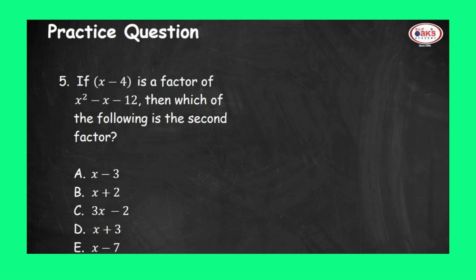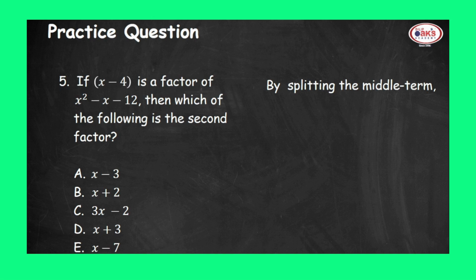Now let us go to the last question of the day here. It is explicitly stated that x minus 4 is a factor of x square minus x minus 12. Then which of the following is the second factor? Now there are two ways of getting the second factor, of which we will again apply the factorization technique.